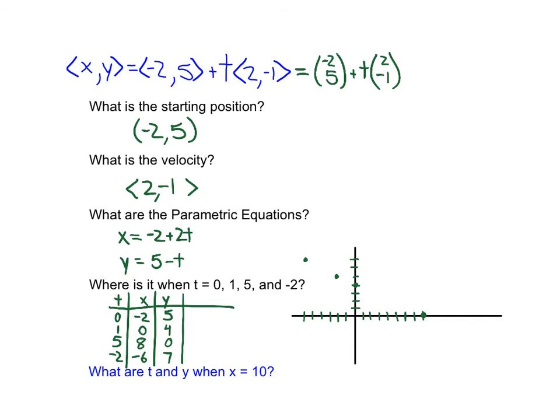Okay? But notice here, this was when t equals negative 2, this was when t equals 0, this is when t equals 1, and this is when t equals 5. If I track that motion, I'm on this line. Okay?